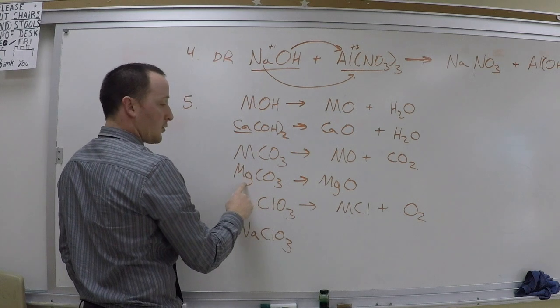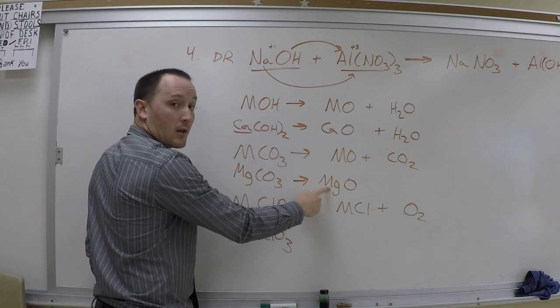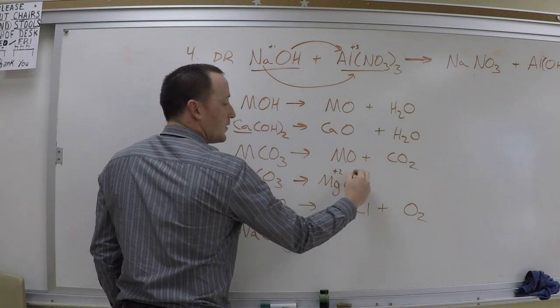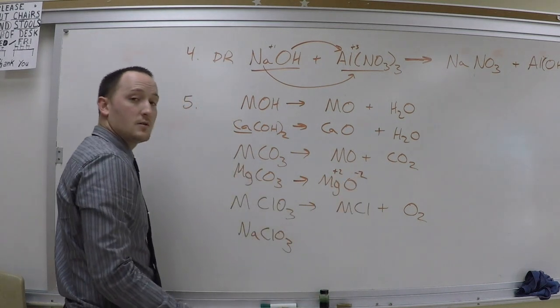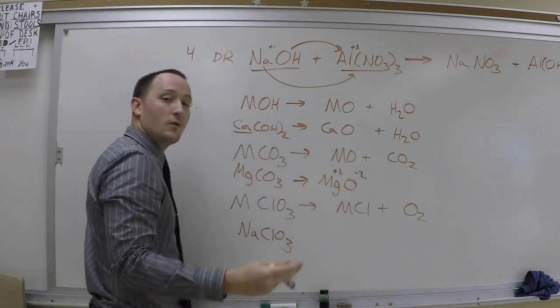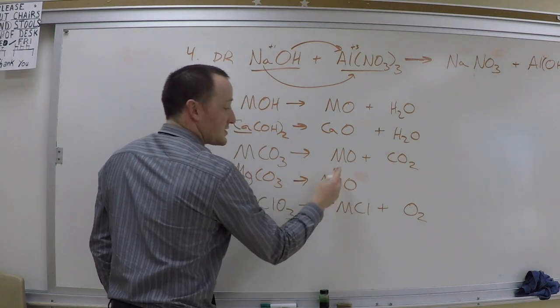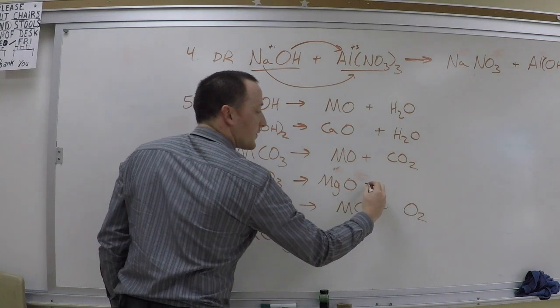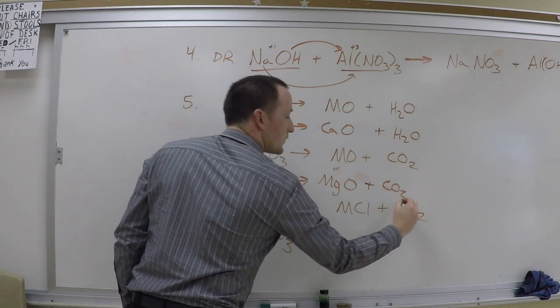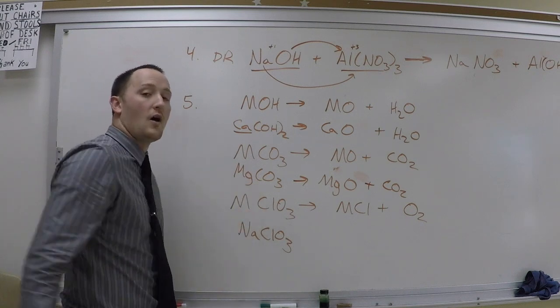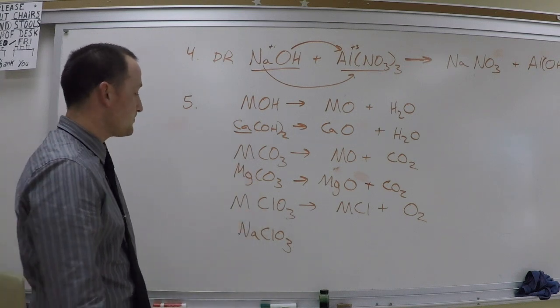Notice how my metal was magnesium, so I put my metal from my reactant side right here. But don't forget, you have to crisscross your charges. However, they're both +2 and -2 again, which means those are going to cancel each other out, which means this is the correct formula, plus CO2. And I've predicted the products of the decomposition of a metal carbonate.